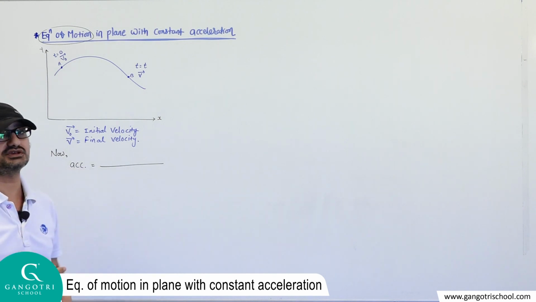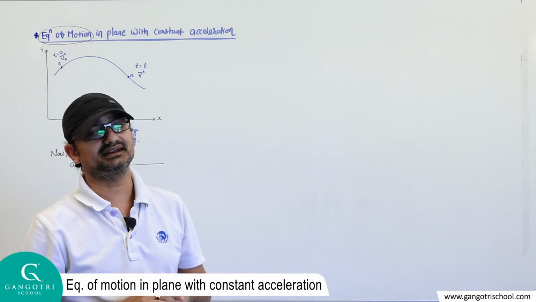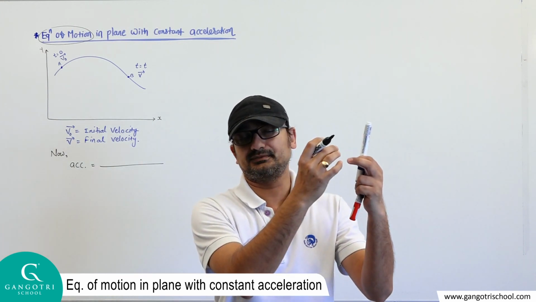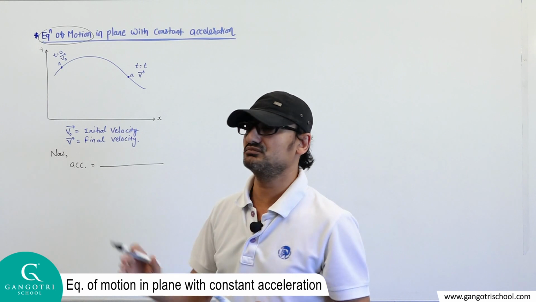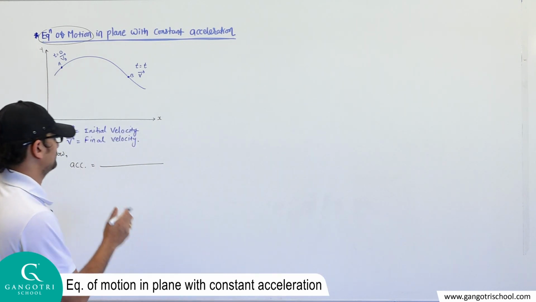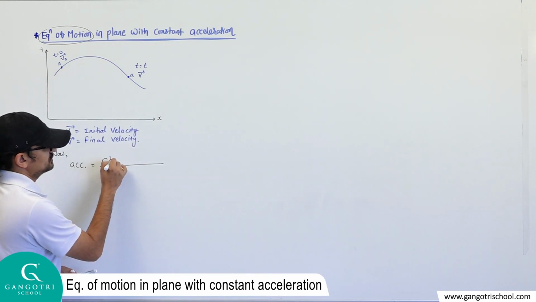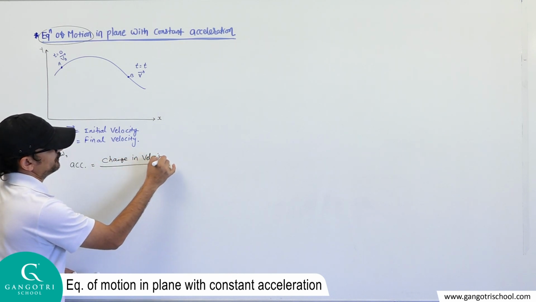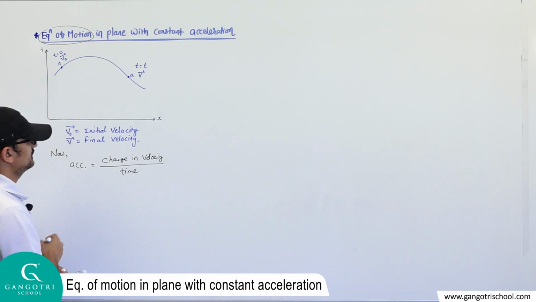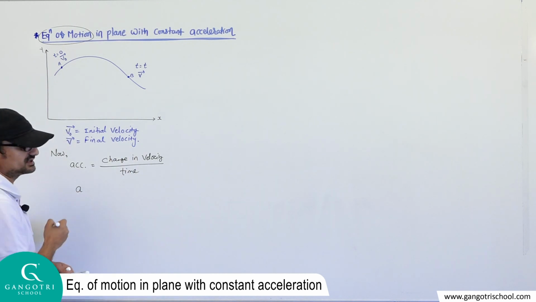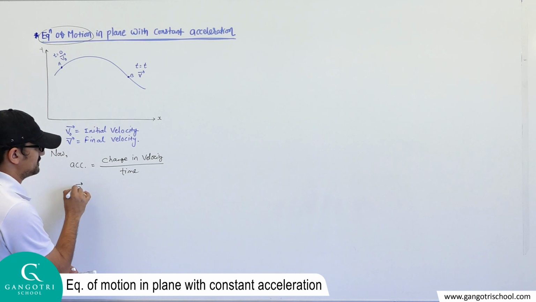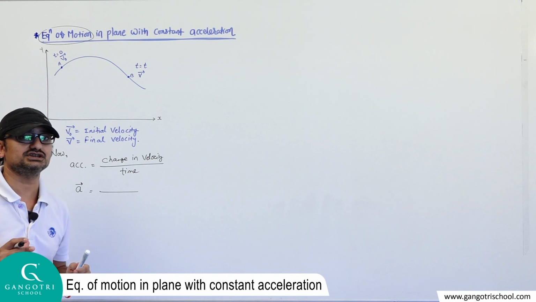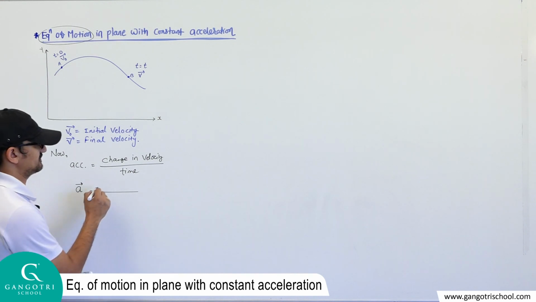This is a familiar equation you should know from 8th, 9th or 10th standard: velocity means displacement upon time, acceleration means change in velocity upon time interval. Since acceleration is a vector quantity, we have to put an arrow above the symbol. Now, change in velocity means final velocity minus initial velocity.